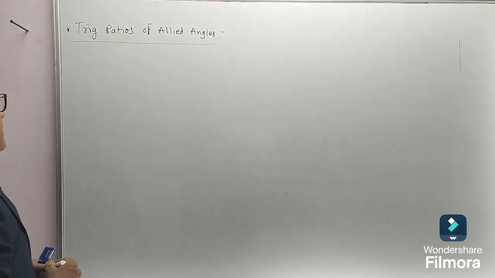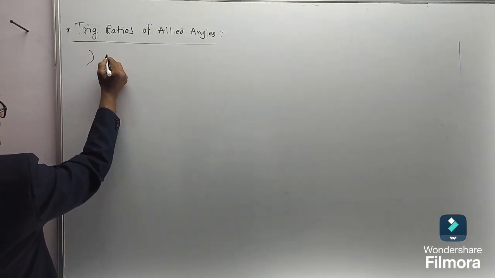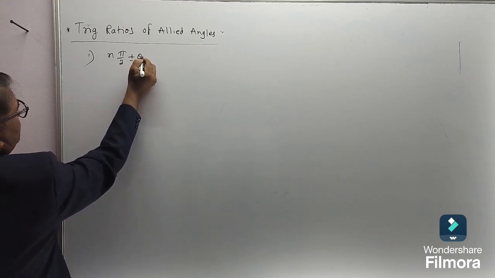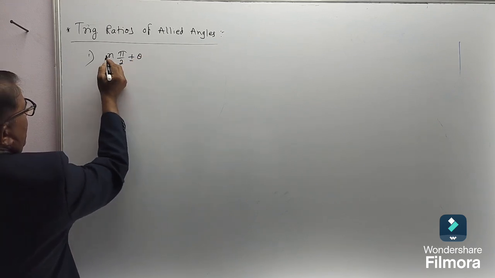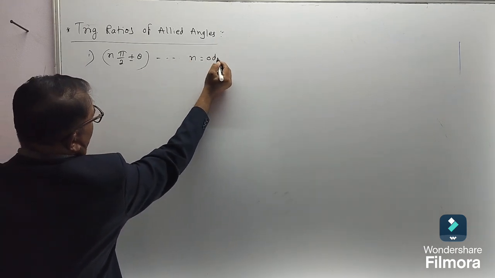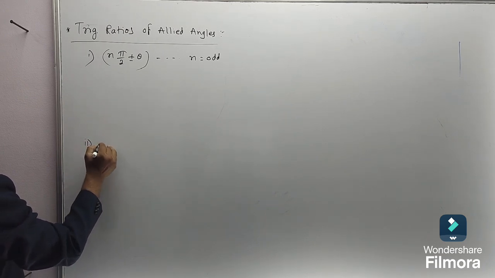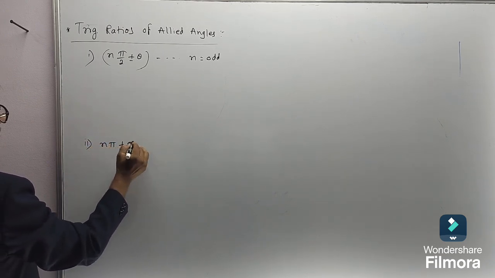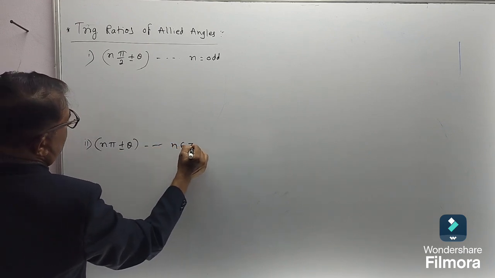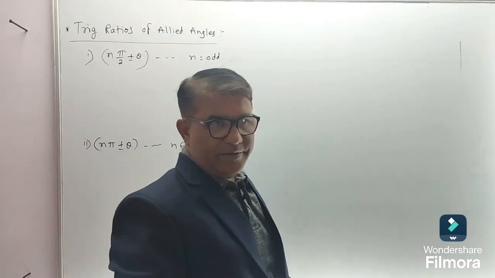First of all, allied angles are the angles of the type n pi by 2 plus or minus theta, and here the condition is n is odd, and the second one is n pi plus or minus theta. Here n is any integer, n belongs to I or Z.